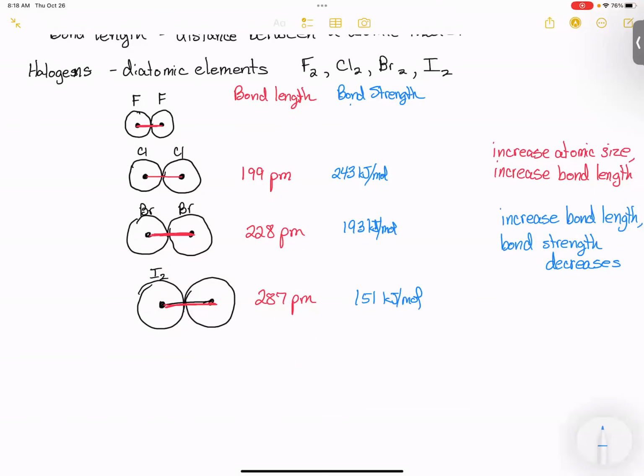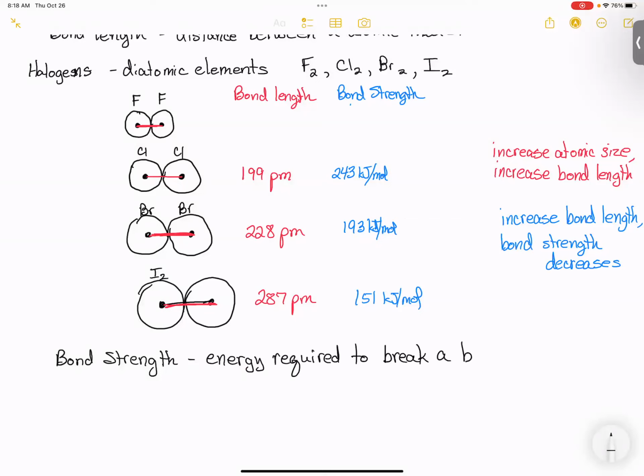So bond strength, by definition, since I did not give that one, is the energy required to break a bond. This can also be referred to as the bond dissociation energy.